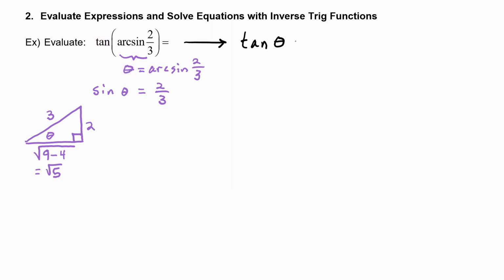And the tangent of theta we know is defined to be the opposite leg, which is 2, divided by the adjacent leg, which is radical 5. We can rationalize this very easily and see that the solution is 2 radical 5 over 5.